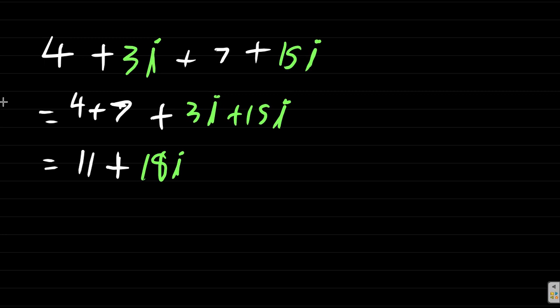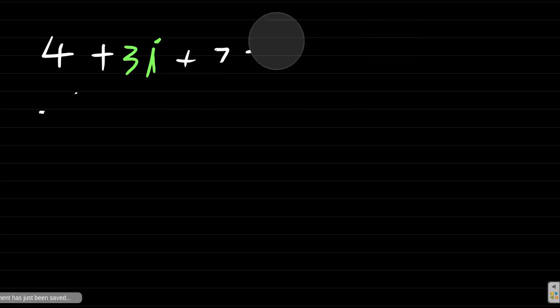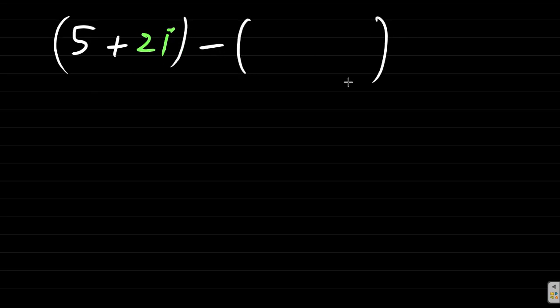Alright. Now, suppose we have another case. We have, say, 5 plus 2i minus, now we have them in bracket, we want to put the brackets now that it is minus, 3 plus 4i.